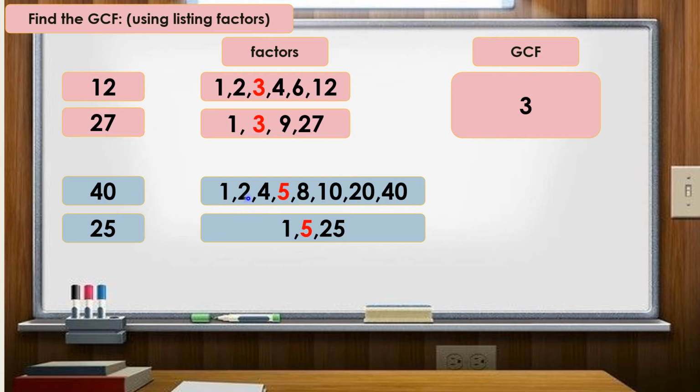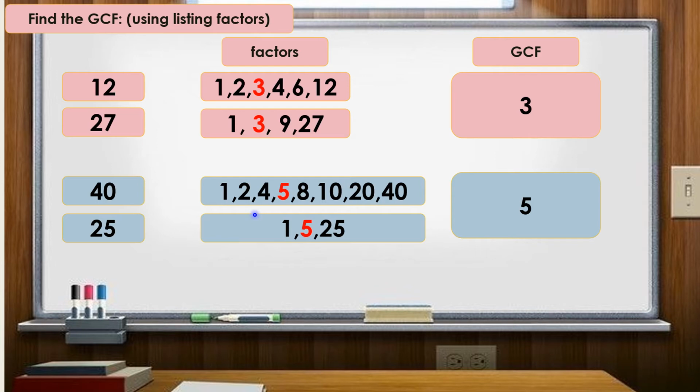First, list the factors. The second is to check if they have the same factor. The highlighted same number is 5. Therefore, 5 is the GCF of 40 and 25.